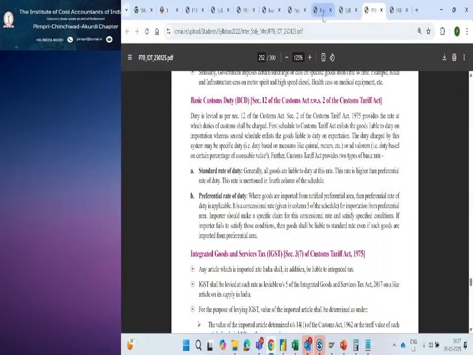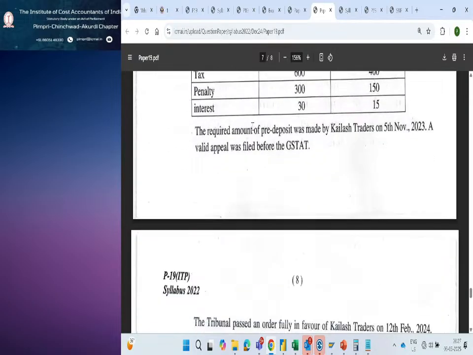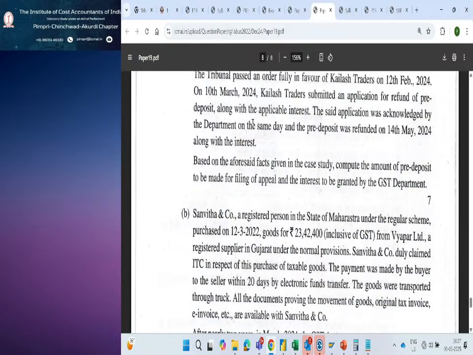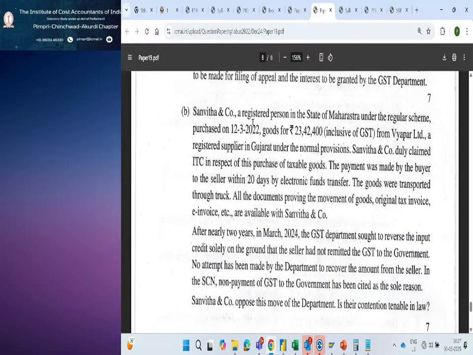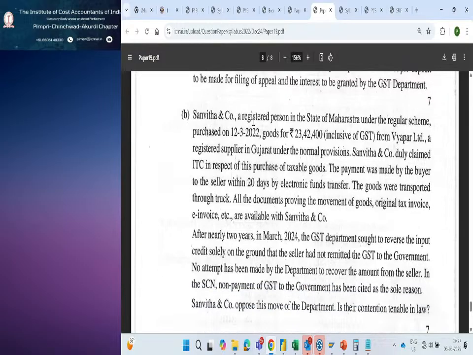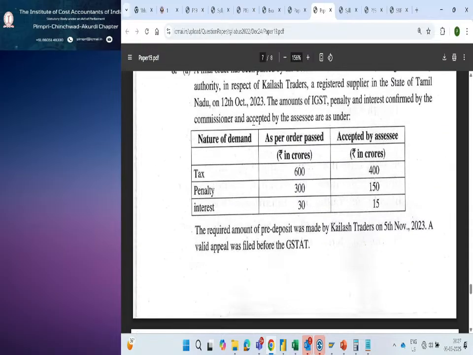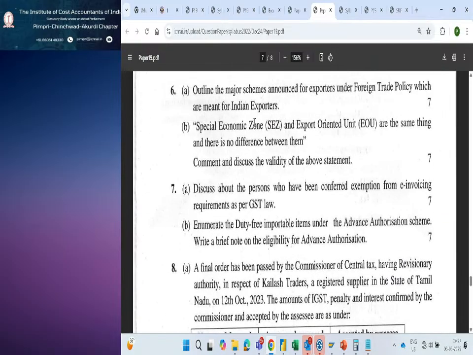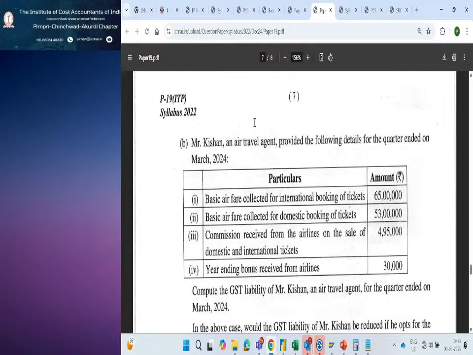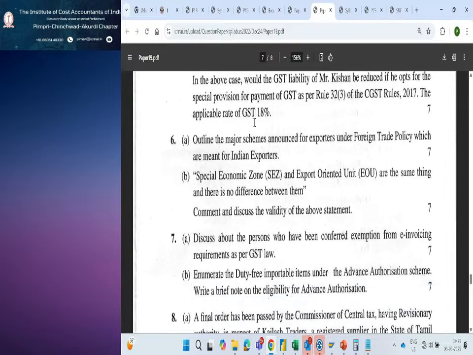We will solve these parallelly, and then see the other schemes in customs, because in customs the major practical problems are covered. Only the foreign trade policy problem area is left, with maybe 4 to 5 illustrations at maximum. We will do that, see the previous year question paper in parallel, try to solve the problems, and then see a few theories in the next session.